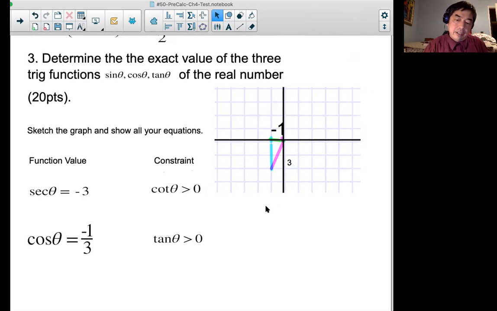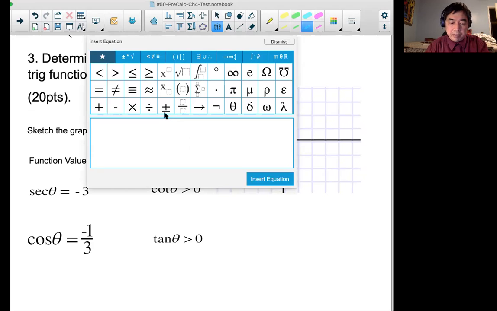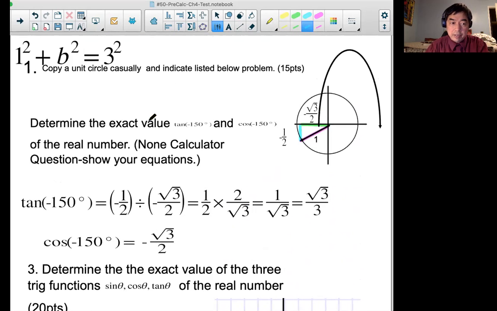So let's think. a squared plus b squared equals c squared. So a squared is 1. Let's think of everything as positive. So 1 squared plus unknown squared, I just put b squared, equals c squared, which is 3, right? So 3 squared. You have to solve this one first to get this one, okay?